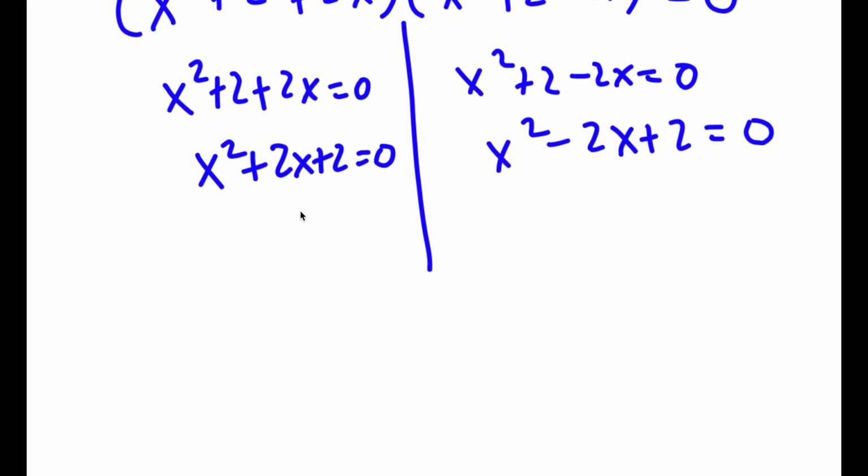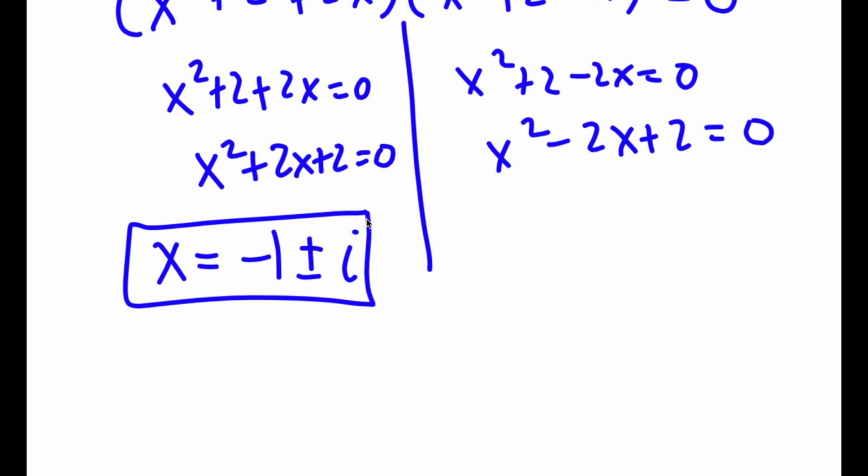I'm actually not going to waste your guys' time and put these in the quadratic formula. I'll just say that if you go ahead and plug this into the formula and simplify, you get that x is equal to -1 plus or minus i. So these are the two solutions for x squared plus 2x plus 2 equals 0.